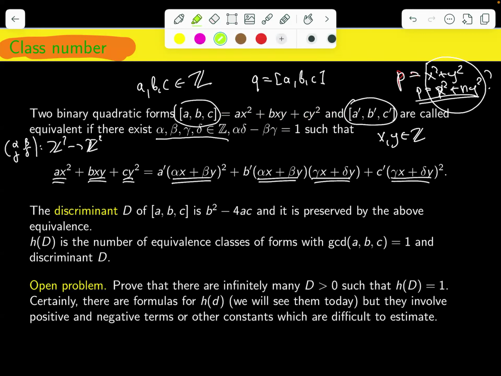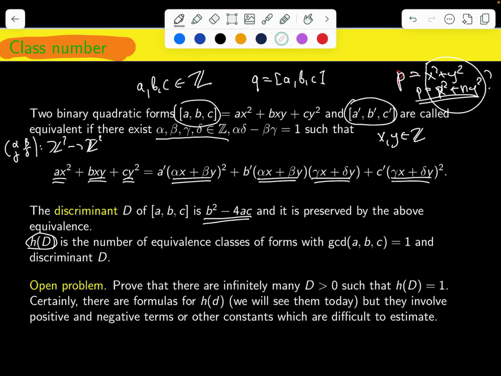Okay, good. Then the discriminant of a quadratic form is defined as b squared minus 4ac. And it's easy to check that it's preserved by the above equivalence. It's not obvious, you just apply it and you see that indeed it's true. And then the number which we care about is h(D).